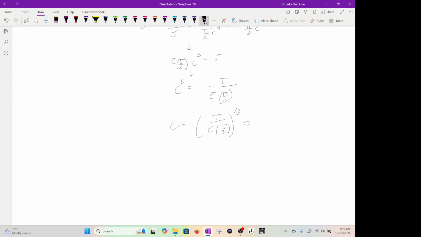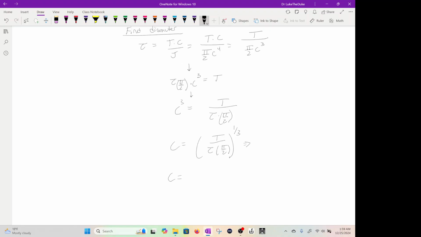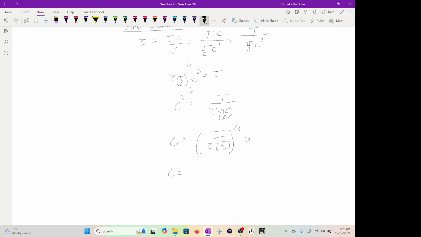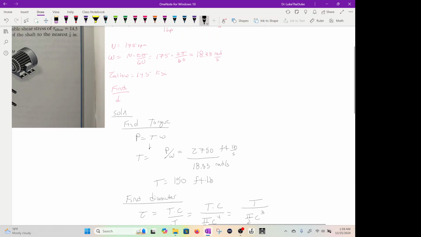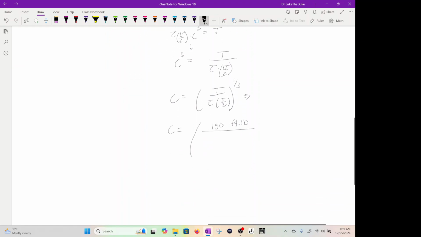Okay, so let's go ahead and plug our numbers. What did we say the torque was? 150 foot-pounds divided by the allowable tau, which we said was 14.5 KSI, so 14.5 KSI times 1,000 to get that into PSI, times pi over 2, all raised to the 1/3.